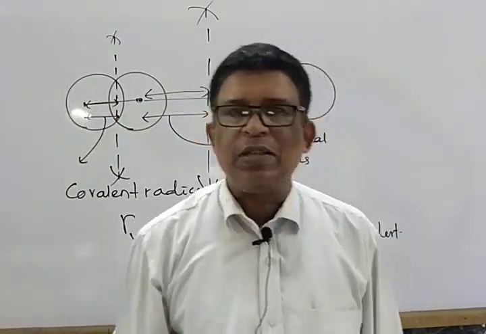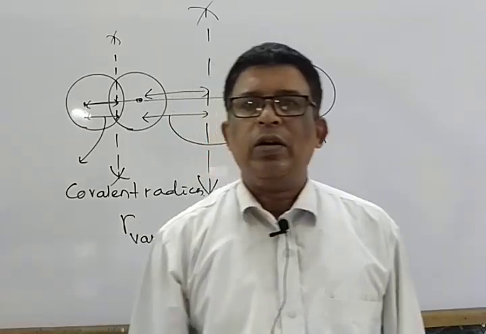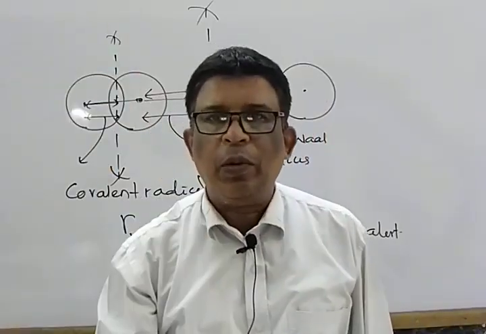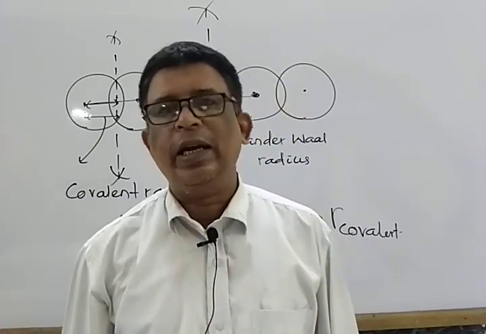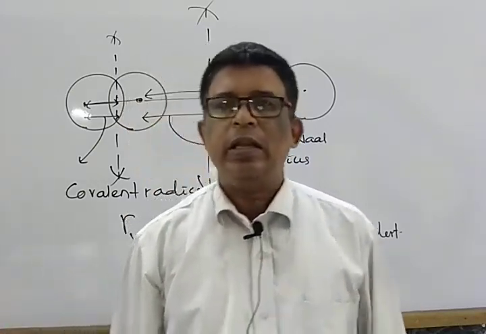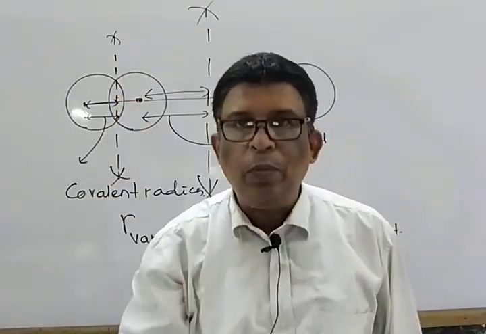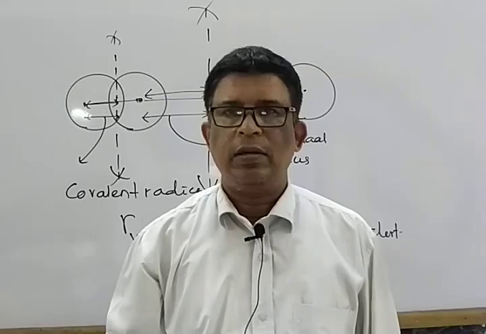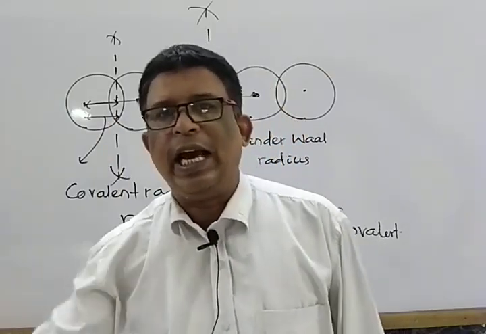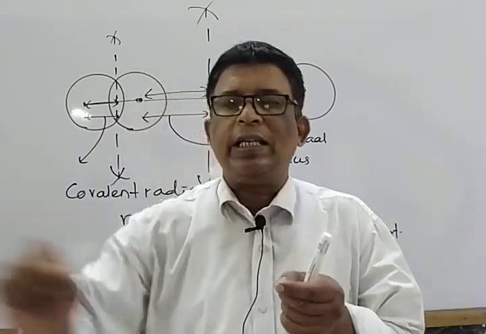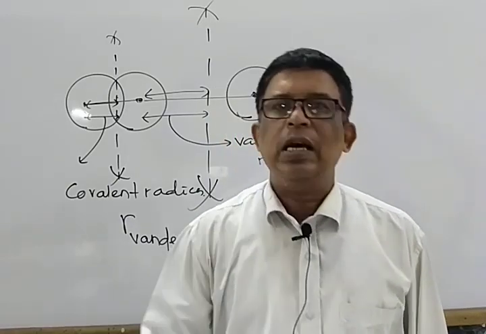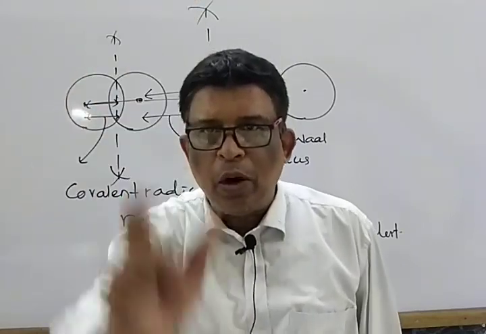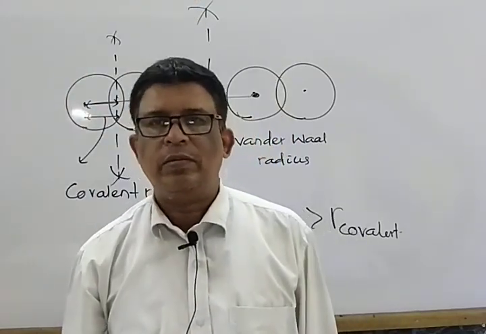Next, we discuss what variation occurs in atomic radii from top to bottom and from left to right in the periodic table. Already we discussed: while moving from top to bottom, the atomic number increases and addition of a new shell takes place, so internuclear distance increases. That means atomic radii increase on moving from top to bottom in the periodic table.